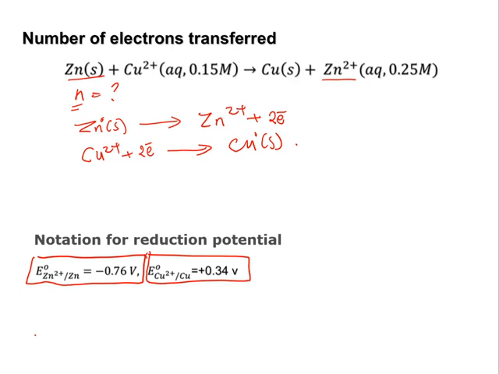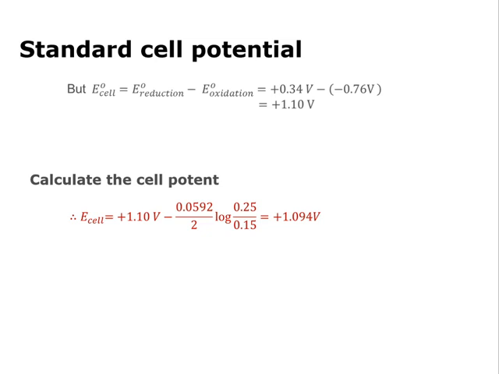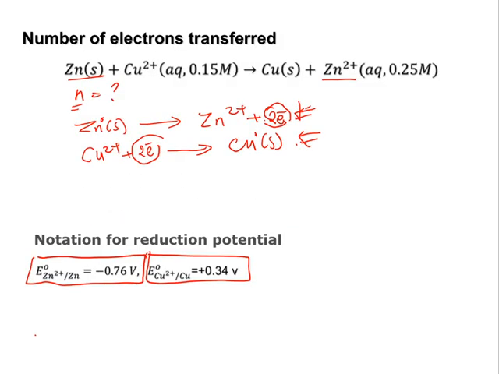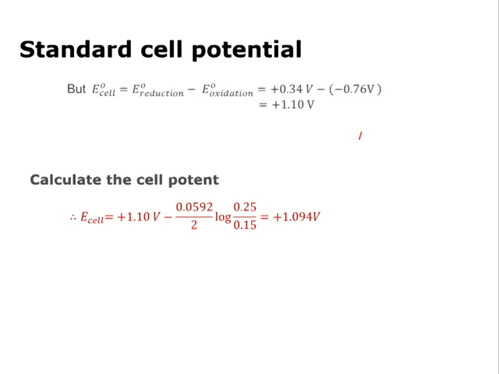So now what we notice is that from this equation and this equation, the number of electrons is 2 here and 2 here. So what it means is that this is undergoing oxidation and this is undergoing reduction.